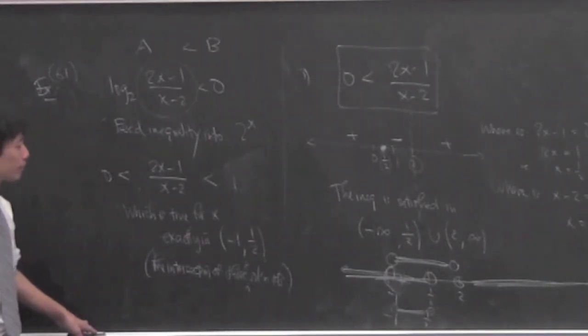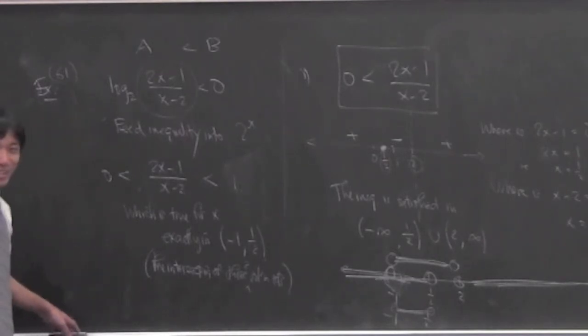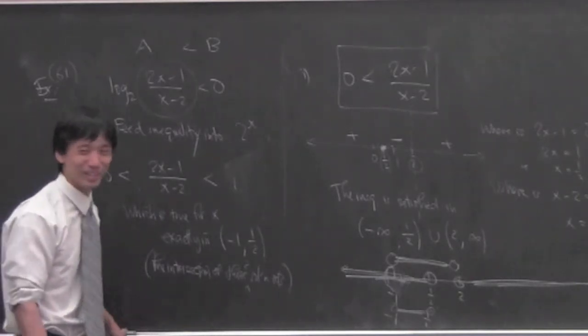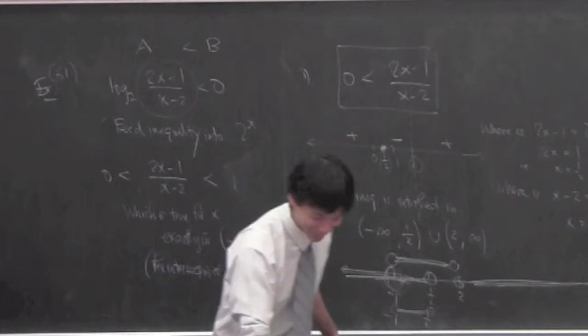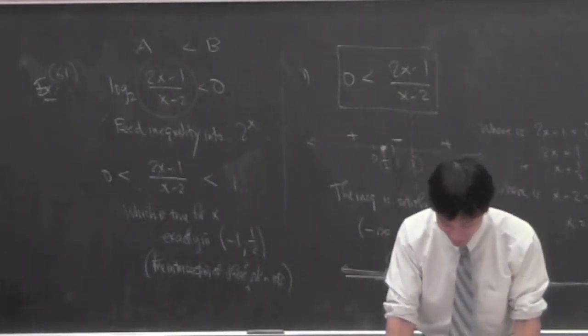Would it be true if you said 2x minus 3 over x minus 2, would the solution set for that be negative 3 over 2? No, that's too simple. I just wanted to see if there's a correlation. Sorry, no. Always looking for some quick way out, right? No, I was just looking.